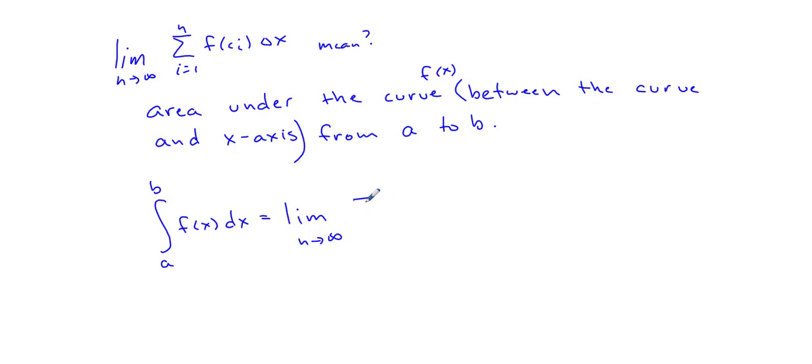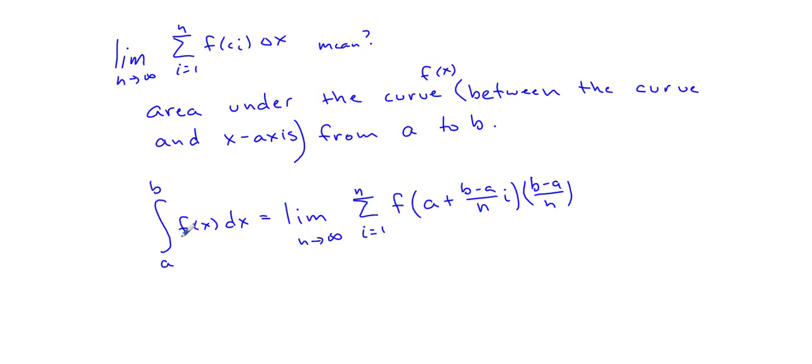Okay, sum, i equals 1 to n, f of a plus b minus a over n times i, times b minus a over n, right?